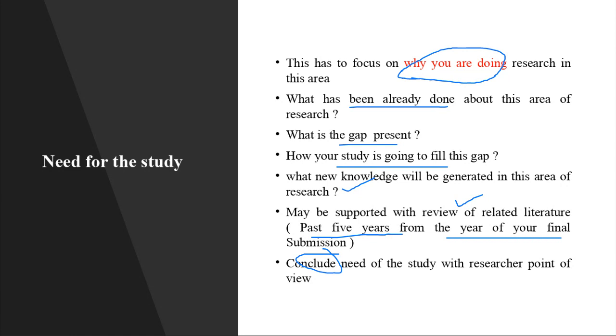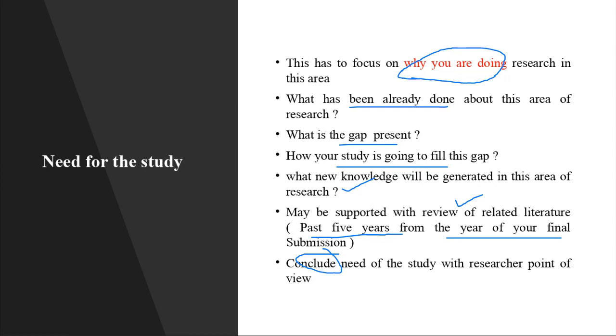As the end paragraph of your need for the study, state that this is the area I have chosen, and for this reason the investigator or researcher is interested to do this project. Like that, we conclude our need for the study.